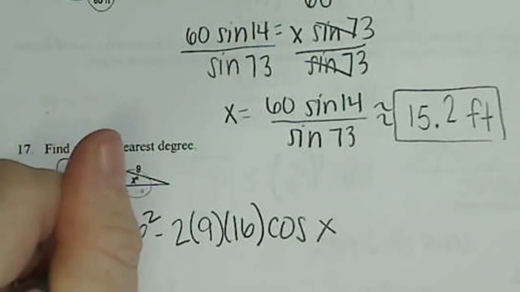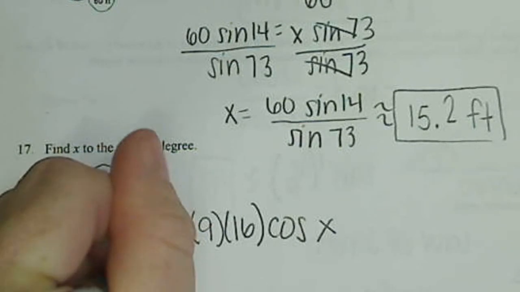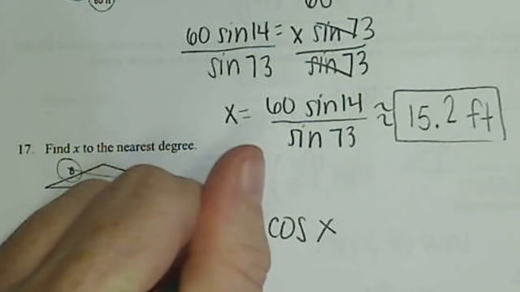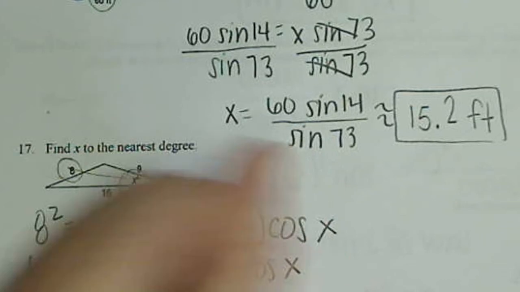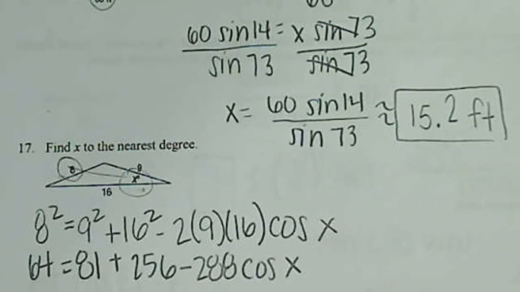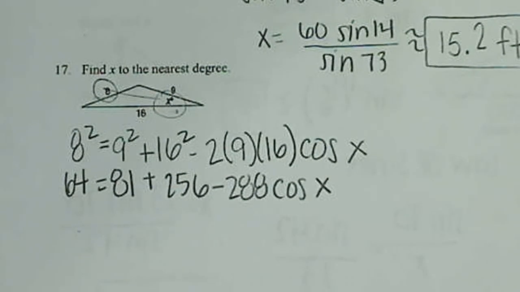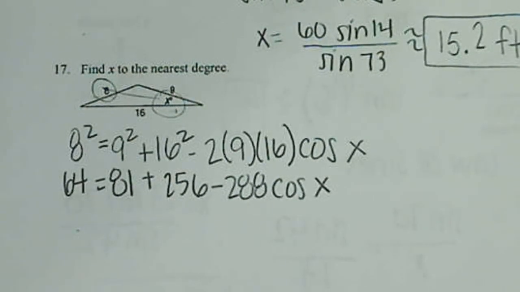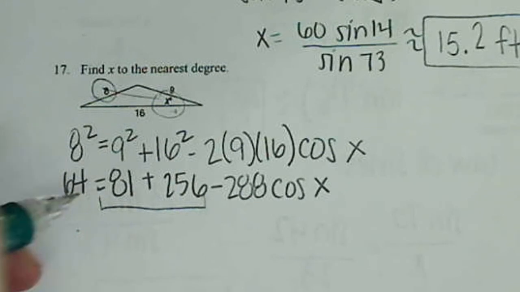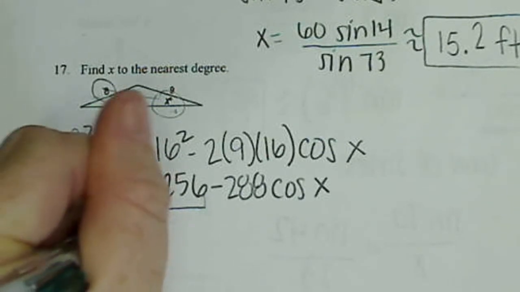Let's go ahead and simplify all of our squareds. 64 equals 81 plus 256 minus 288 times the cosine of x. Now, how can I simplify this right side? Well, I can go ahead and add these two together and get 337.